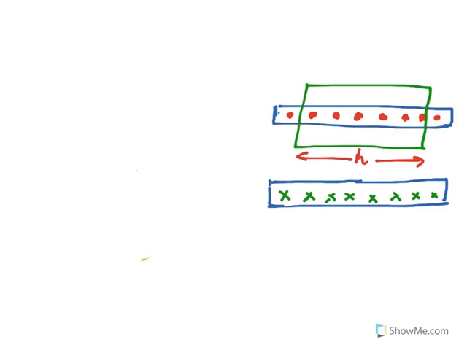So we can rewrite Ampere's circuital law as B into h equal to mu naught I_E, where I_E is the current enclosed by the loop ABCD.